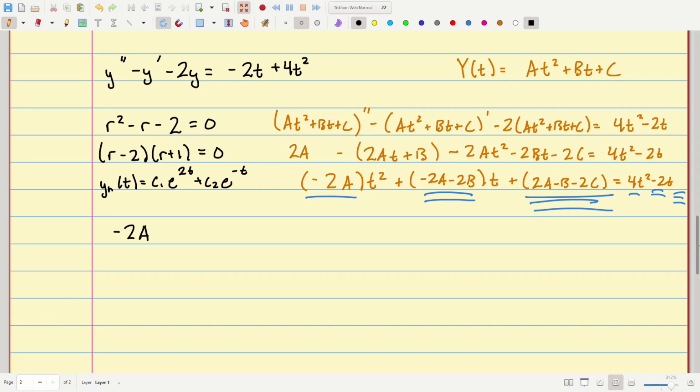Negative 2a equal to 4. Negative 2a minus 2b is equal to negative 2. And 2a minus b minus 2c is equal to 0.